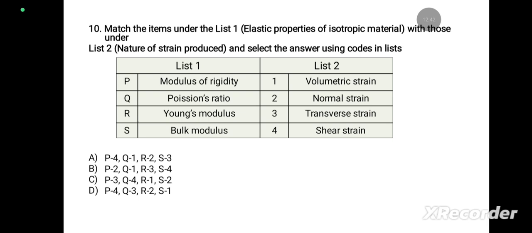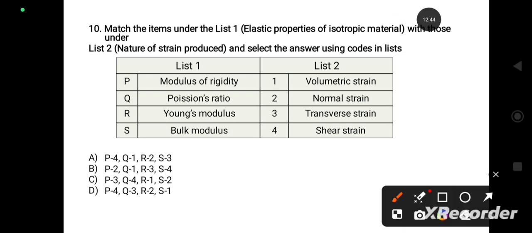Next, the 10th one. This is a matching question. Modulus of rigidity means shear stress to shear strain, so for P it is 4. Poisson's ratio means lateral strain to longitudinal strain, that is transverse strain, so Q is 3.